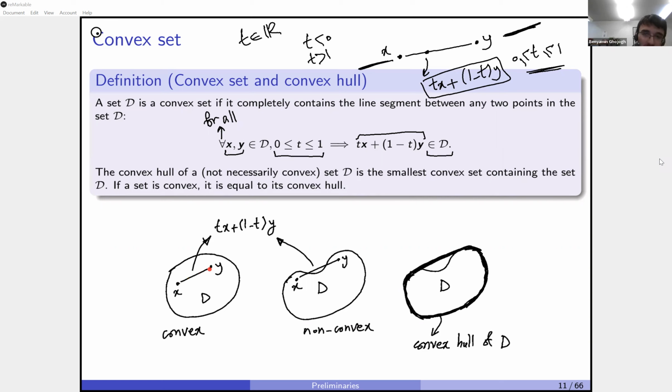If we connect them together, tx plus (1 minus t)y is inside this set. You can't find 2 points where the line connecting them is not inside D. This is a convex set.